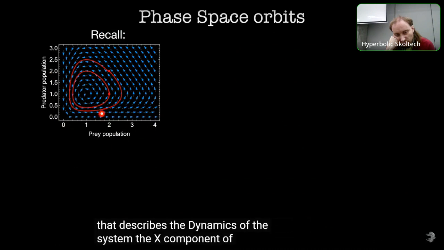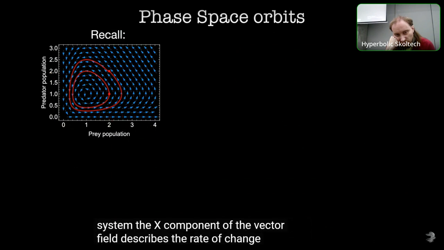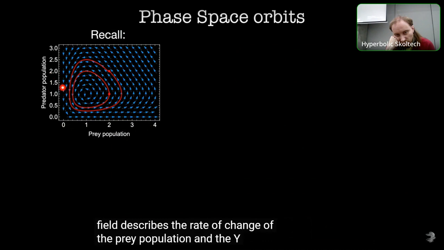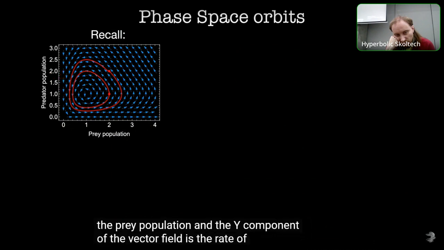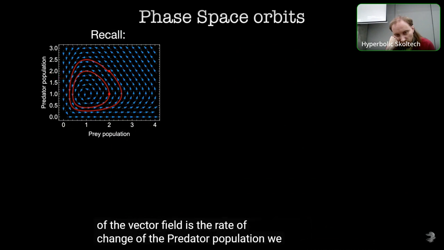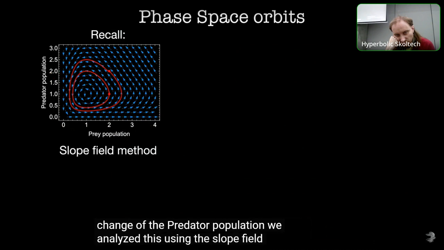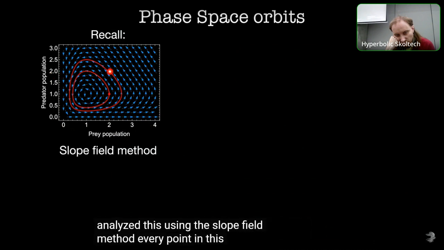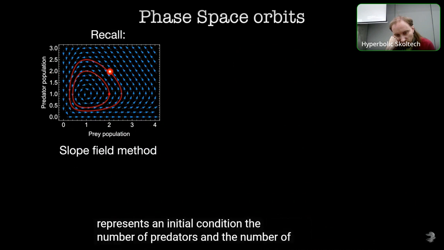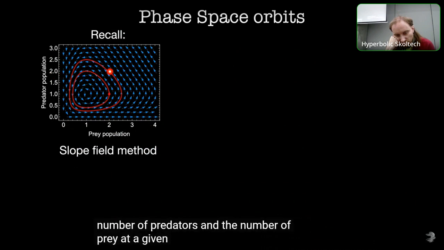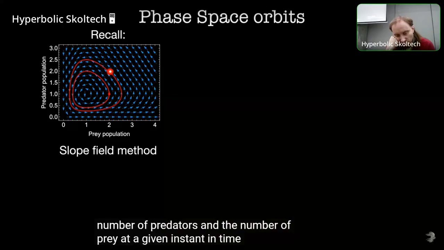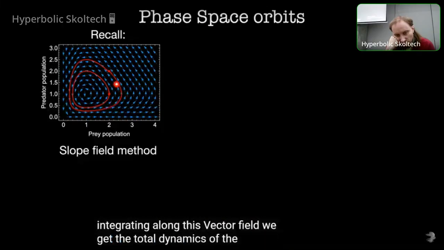The x component of the vector field describes the rate of change of the prey population, and the y component of the vector field is the rate of change of the predator population. We analyzed this using the slope field method. Every point in this space represents an initial condition, the number of predators and the number of prey at a given instant in time. And integrating along this vector field, we get the total dynamics of the system.